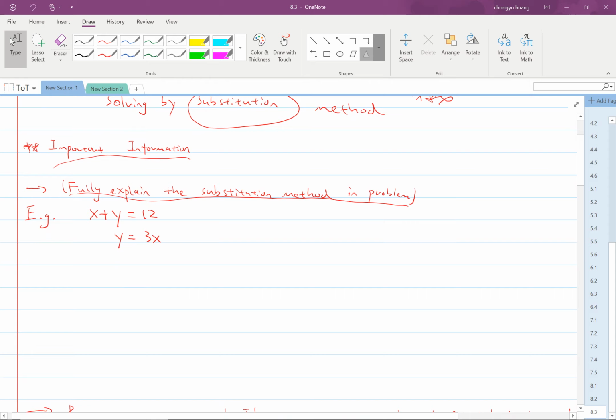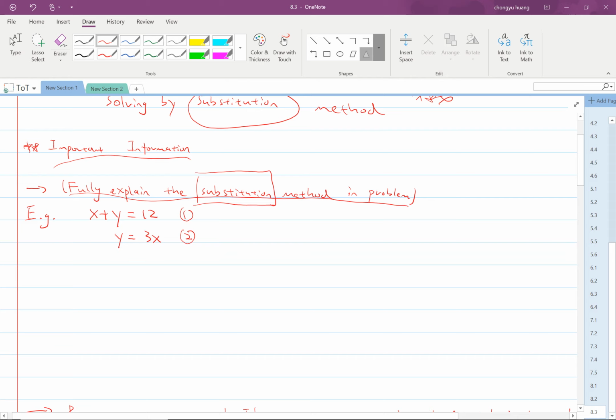Just as the word says, we are substituting variables. We have equation 1 and equation 2 over here.